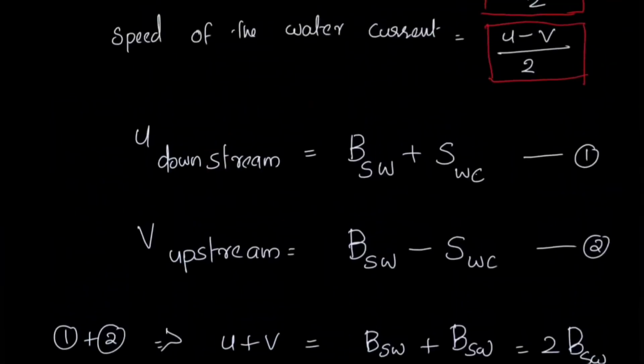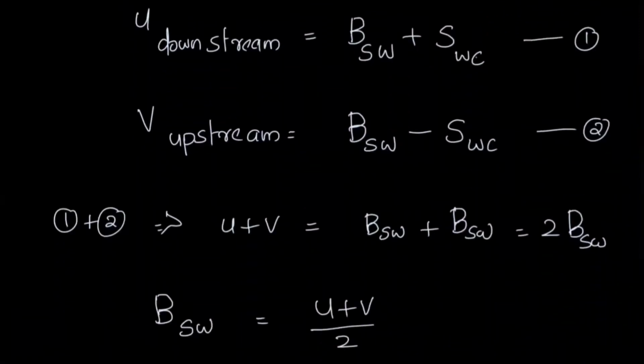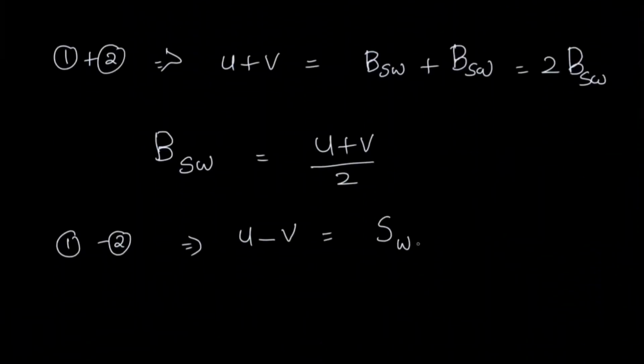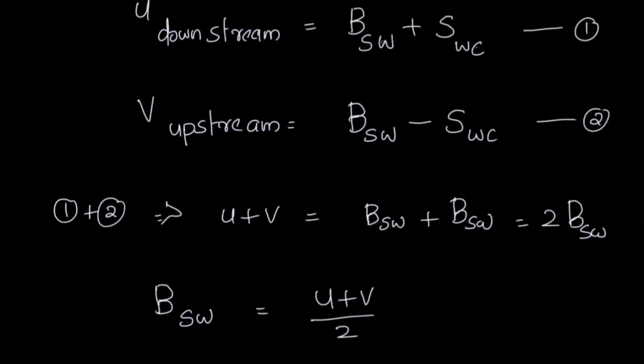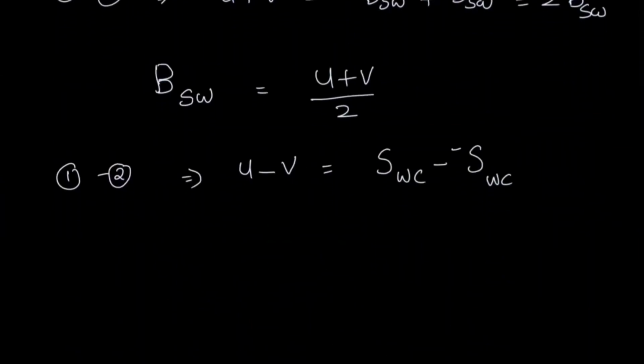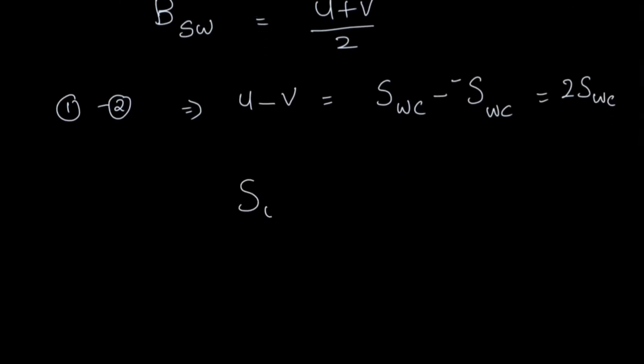BSW minus BSW is cancelled out, and minus of minus gives plus, so SWC plus SWC means 2 SWC. So SWC, that is the speed of the water current, is equal to (u minus v) by 2, taking this 2 to this side.